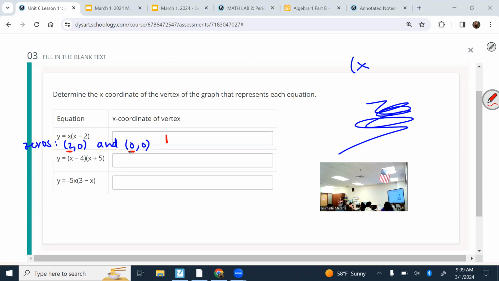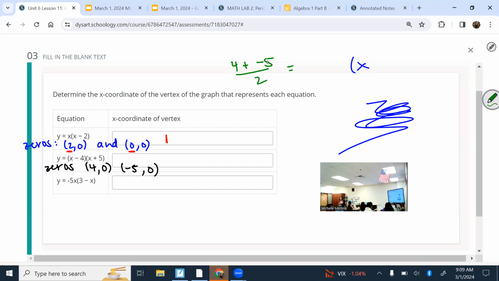Table 6. For this one, what are my zeros? Okay, good. Now, think about the middle point between these. Granted, at some point it gets hard to figure out the middle point. So that's where you should probably just average them. 4 plus -5 and then divide that by 2.